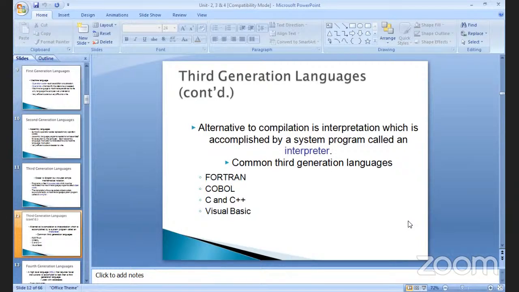Finally, the program that completes the interpretation is called an interpreter. Commonly used third generation languages are Fortran, COBOL, C and C++, and Visual Basic.